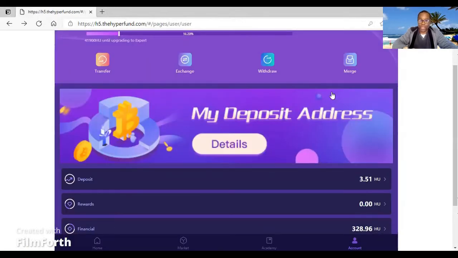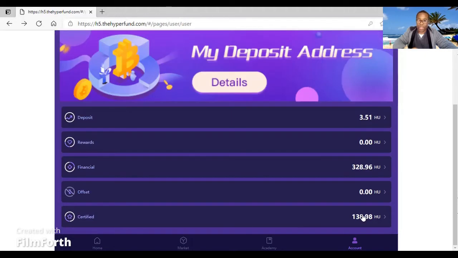You can see now my rewards are 000 HU. Where did that token go? It has gone to financial. You can see it. The whole 328.96 HU has been transferred from rewards to financial.